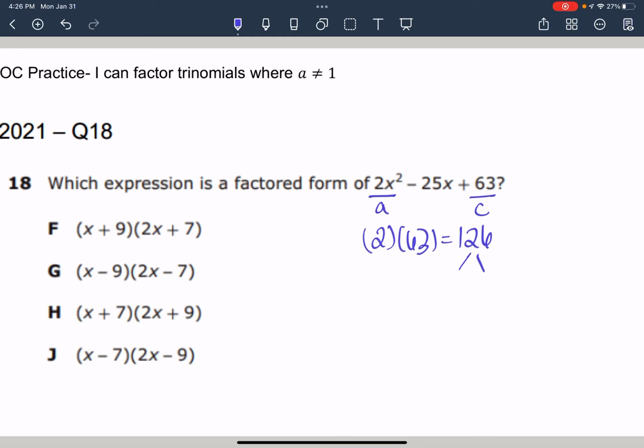So you're going to have to list out the factors of 126 and find the correct combination of factors that gives us negative 25. So you have 1 and 126, 2 and 63, 3 and 42, 6 and 21.